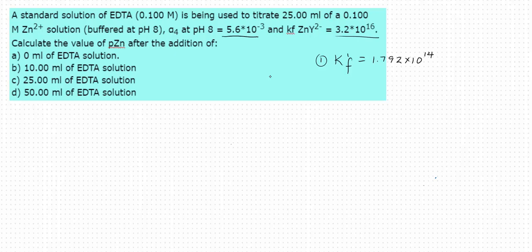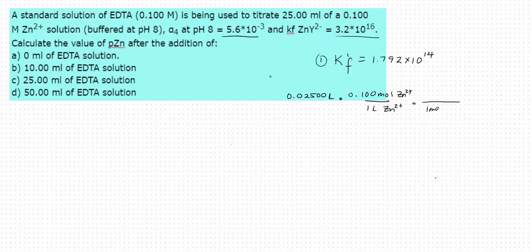Now we need to find our equivalence volume, and that way we can determine which side of equivalence we're on. So we have a 25 milliliter sample of 0.100 moles of zinc per liter of zinc, and we're going to be titrating that with EDTA.